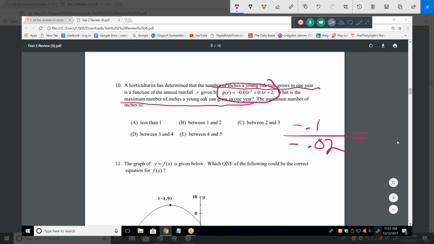That's 5. So given an R of 5, that's where you get maximum growth, when R equals 5. In other words, we've just figured out the x-coordinate of the vertex. Again, we need to figure out the y-coordinate. So what do you do next?